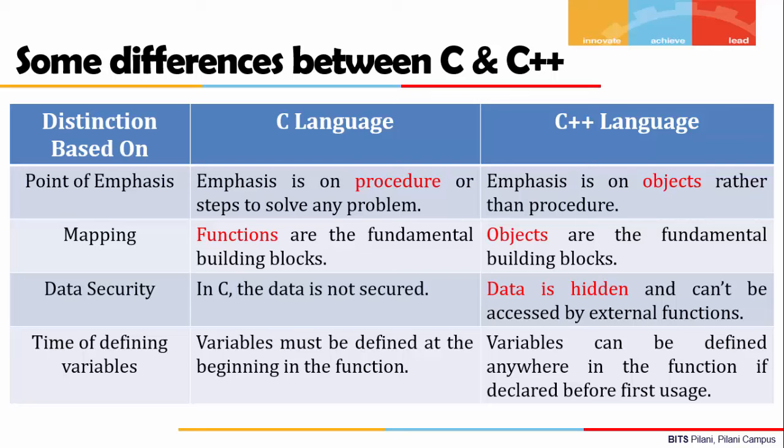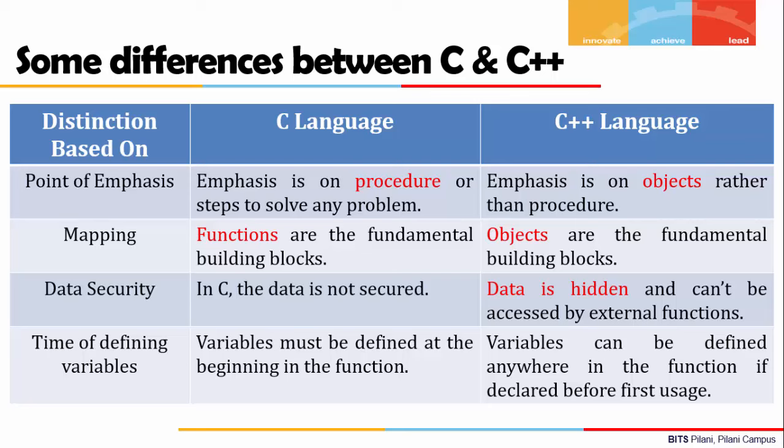Now, the point of emphasis. C++ emphasizes the objects and not the steps or procedures. It has a higher abstraction level. C lays emphasis on the steps or the procedures which are used to solve a problem.